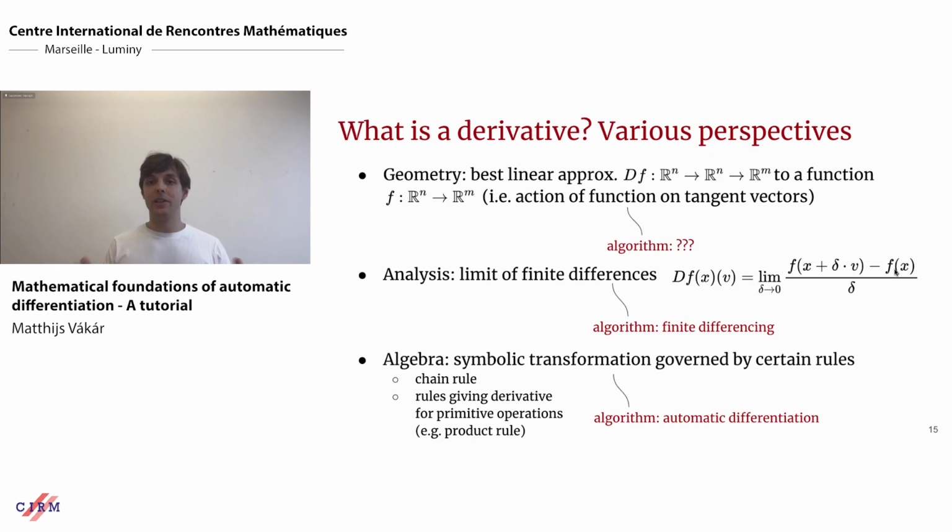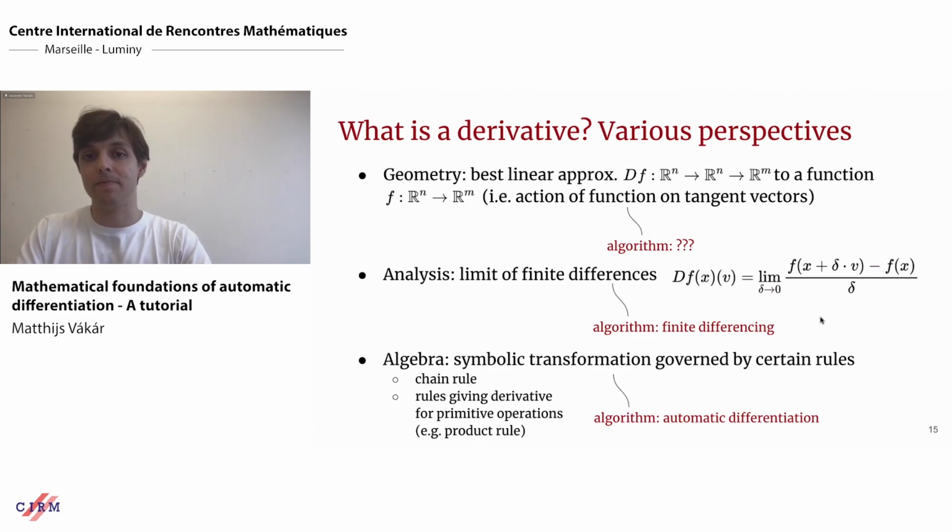As long as we take that step small enough, we start to approximate the derivative. And this is a definition that we can naturally convert to an algorithm. We'll see that that algorithm is well known and it's called finite differencing. We'll look at that next.